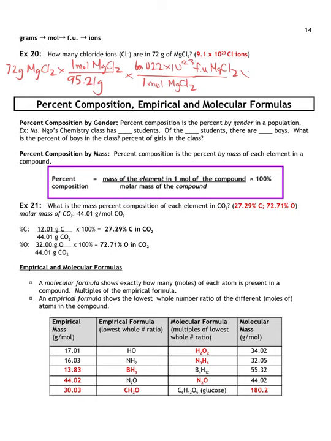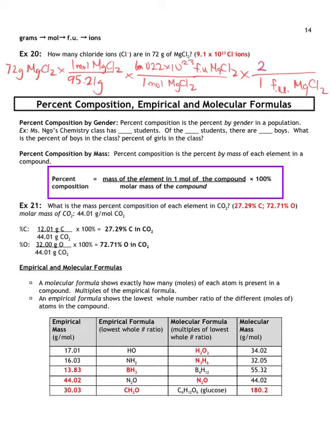Now, I need to also take that formula unit, and I can break that formula unit down into the ions. And how many chloride ions in each formula unit of magnesium chloride? There's 2. Notice the 2 right here. There's 2 chloride ions.